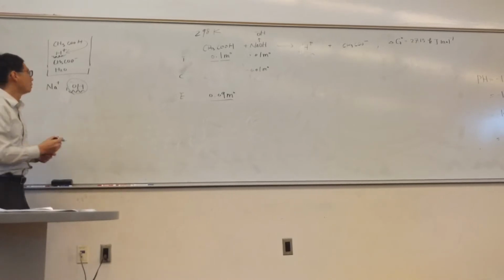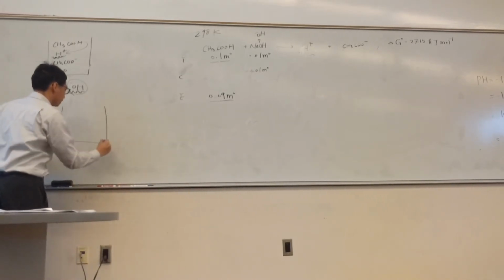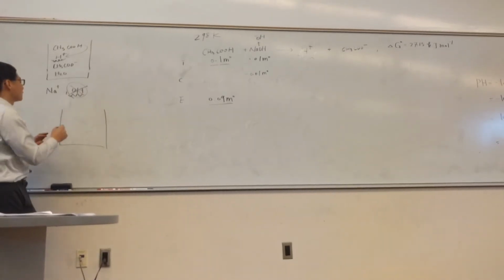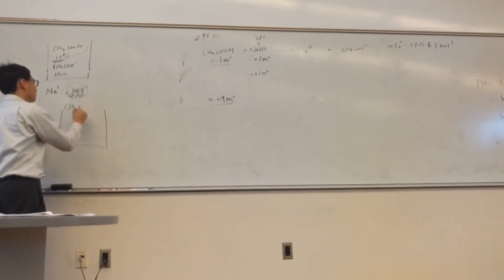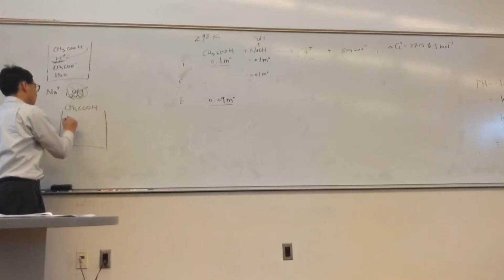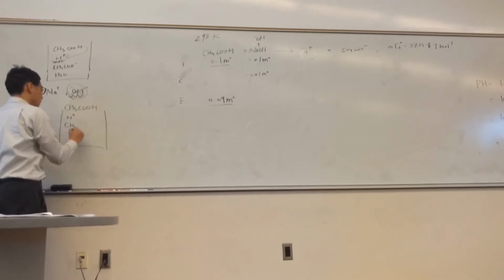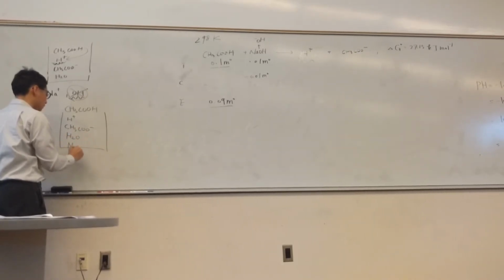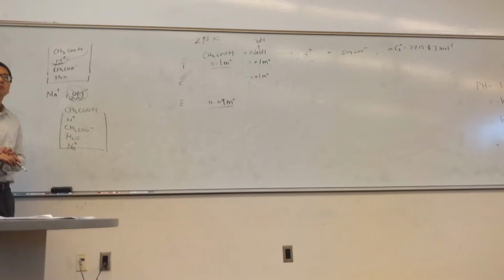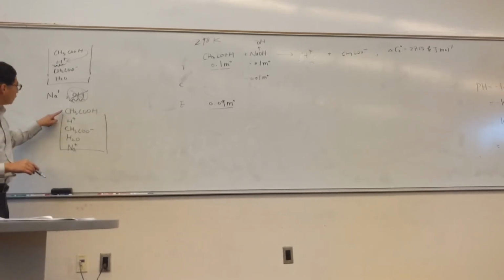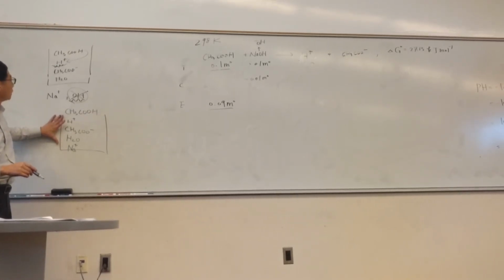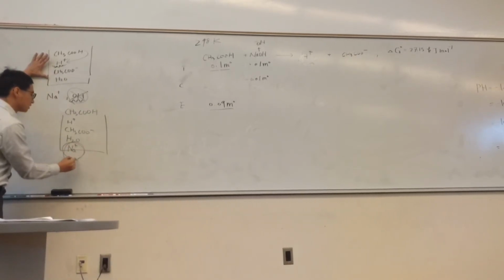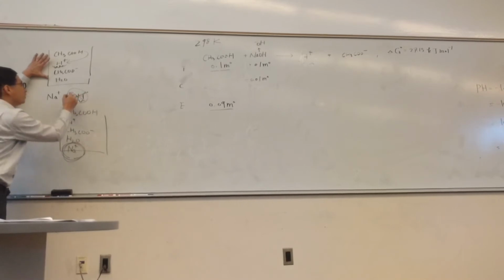After you mix them and they reach equilibrium, this will be consumed completely. Therefore, inside your solution, you're going to have CH3COOH, H plus, CH3COO minus, a lot of H2O, plus a lot of sodium ions. Compared to the original situation, the only difference is this, which never actually shows up.